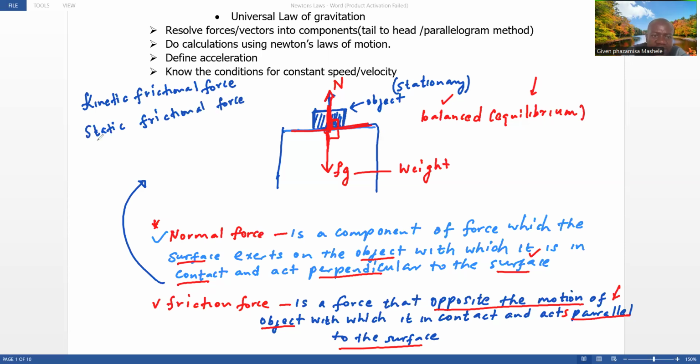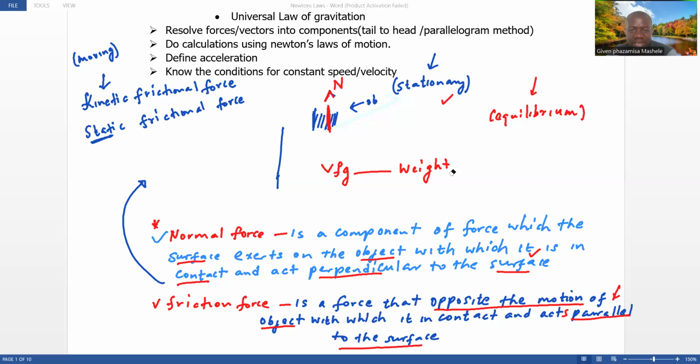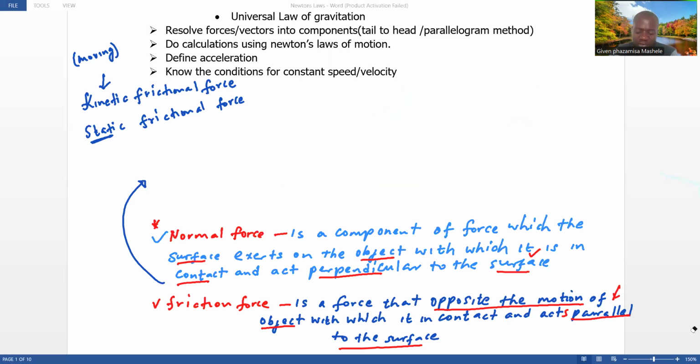As the word says, static has to do with things that are stationary. Kinetic has to do with things that are moving. There are two types of frictional force that one must be able to know, particularly when you are preparing for an exam. So you need to be able to define what is a static frictional force and what is a kinetic frictional force.